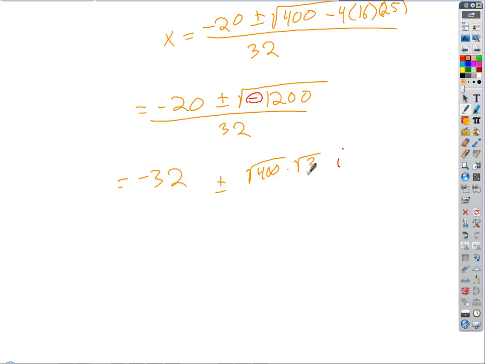We want to write our final answer as a complex number in standard form, a real part plus an imaginary part times I. So that means we're going to split this into separate fractions, right? So we're going to split the 20 over 32 and put the 20, well, that's supposed to be a 20, not a 32.